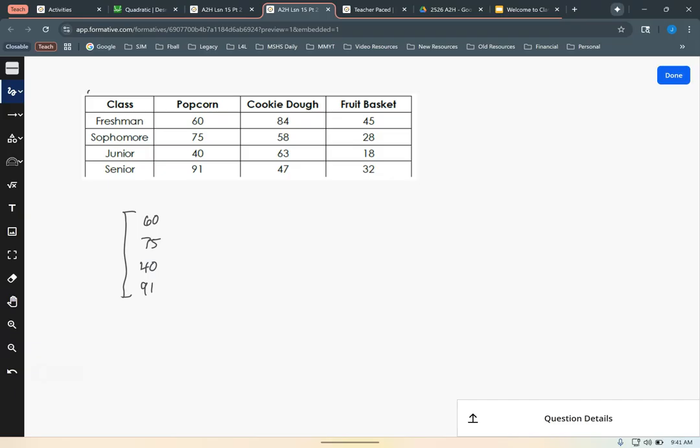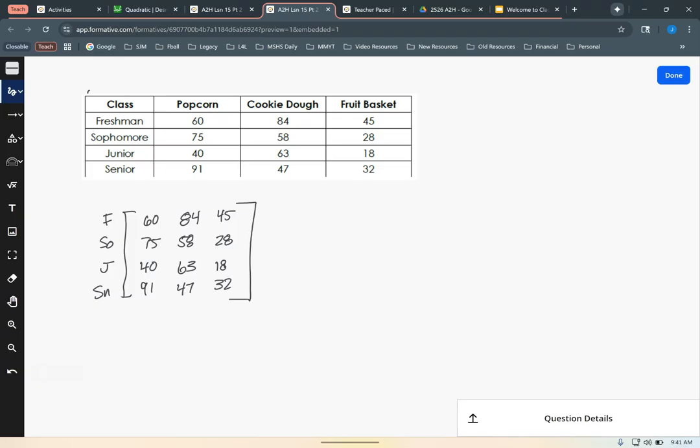And just so we know, we'll get freshmen, sophomore, juniors, and seniors like that. So then the next column is going to be 84, 58, 63, 47. So now it's like entering data, right? 45, 28, 18, and 32.